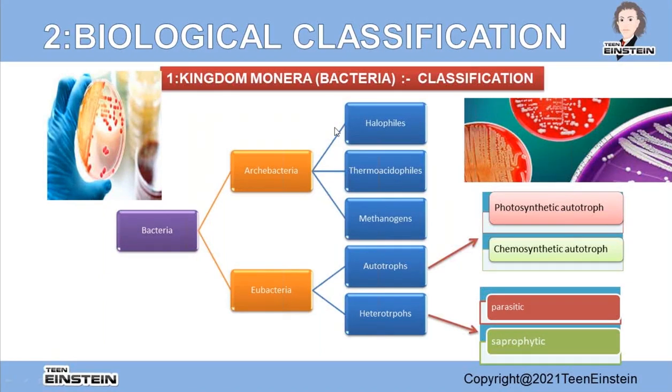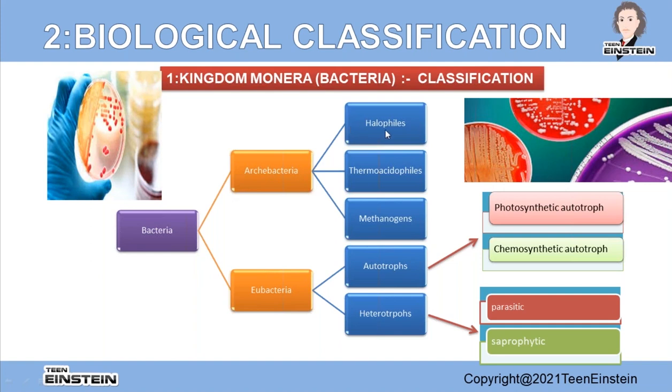See, bacteria are mainly classified into archaebacteria and eubacteria. The archaebacteria are again divided into halophiles, thermoacidophiles and methanogens. Then eubacteria are classified into autotrophs and heterotrophs. Autotrophs, which synthesize their own food, are divided into photosynthetic and chemosynthetic autotrophs.